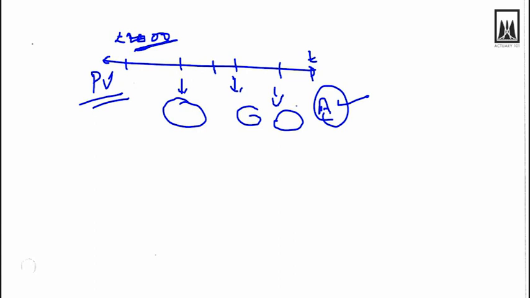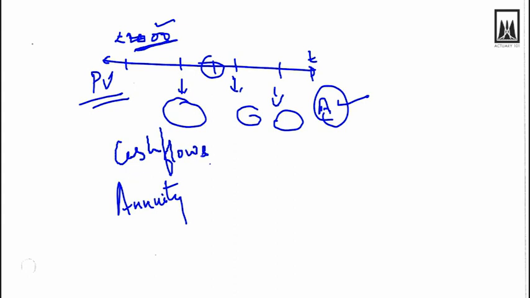It can be at the end, it can be in the beginning, it can be anywhere on the timeline, but there is not going to be only one cash flow. Instead, there is going to be a series of cash flows. We are also going to be looking at something that we call annuities. So the next topic that we'll cover is cash flows and annuities.